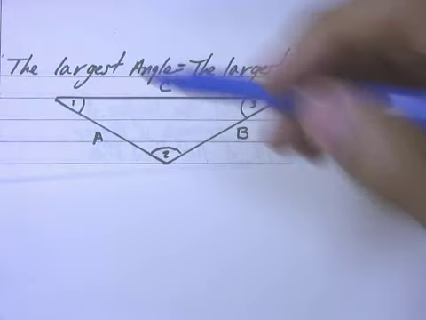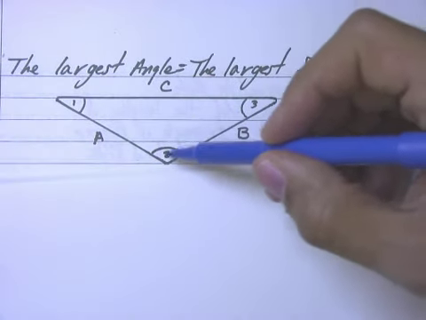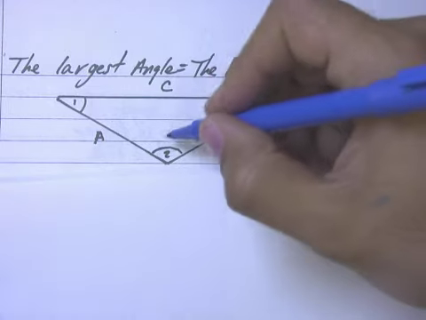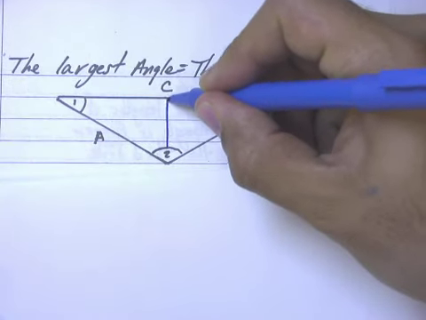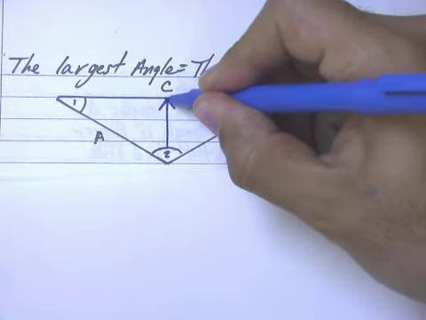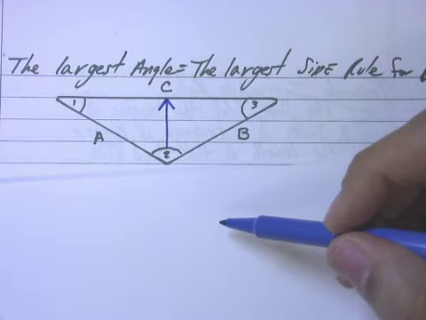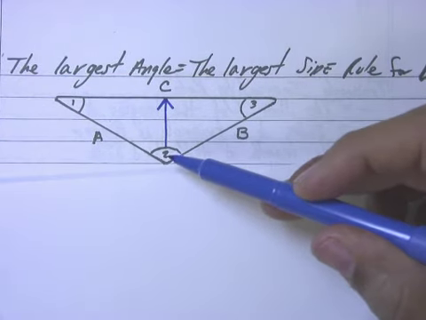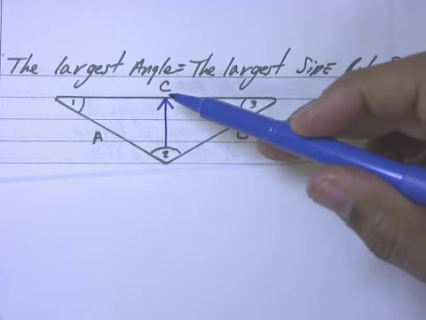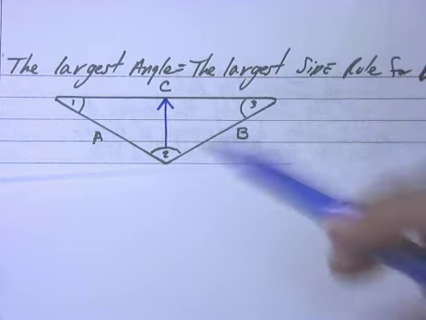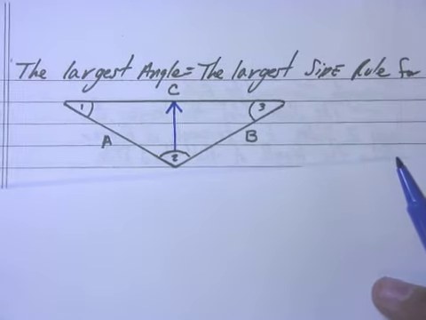So if I look at my angles 1, 2, and 3, I hope you can realize that angle 2 is the biggest angle. And if I come out of angle 2, you will notice that angle 2 is pointing at side C, meaning that since angle 2 is the largest angle of the triangle, side C is the largest side of the triangle.